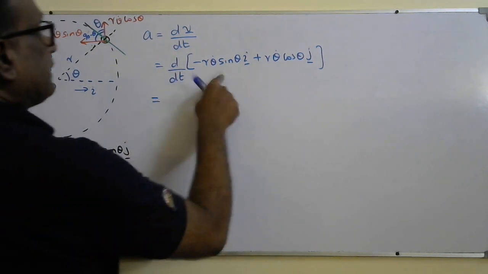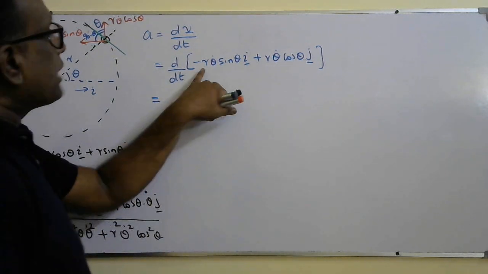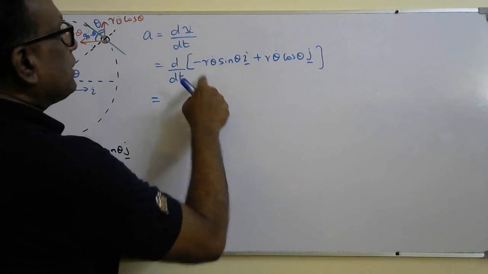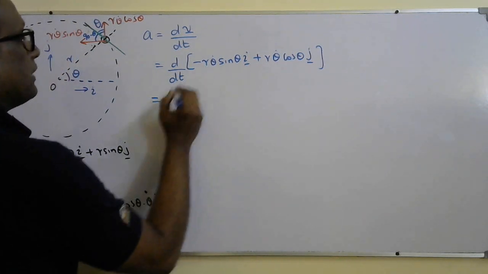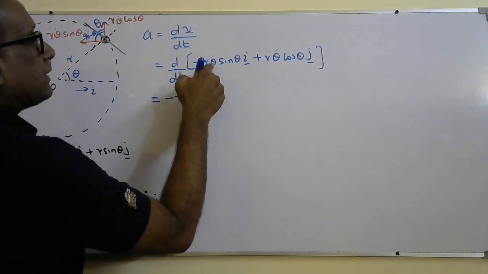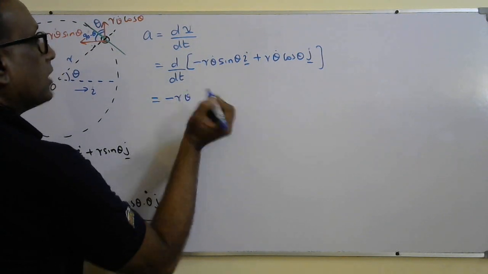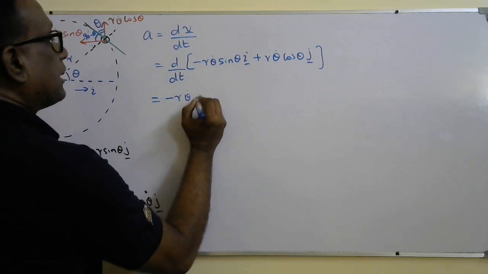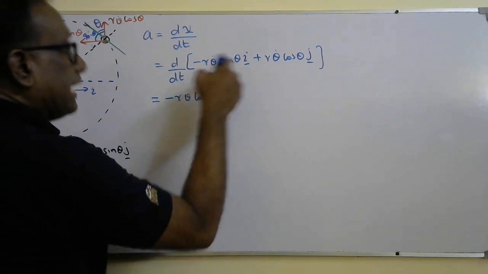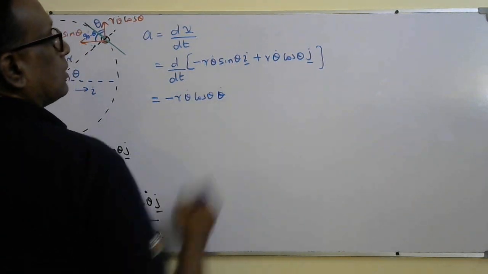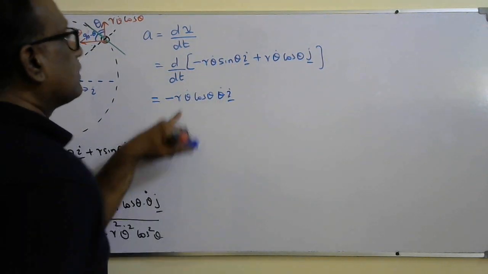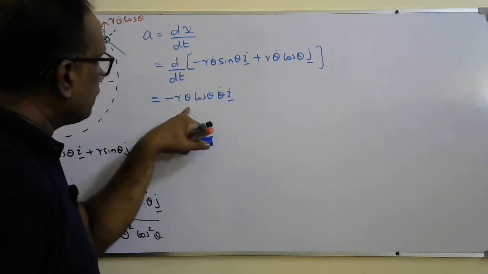So when I differentiate this with respect to time, we'll use the UV format. R is a common factor, so we'll take minus r. I'll keep theta dot constant. When I differentiate sine theta, it will become cos theta into theta dot, i. Minus r theta dot, I wrote it.